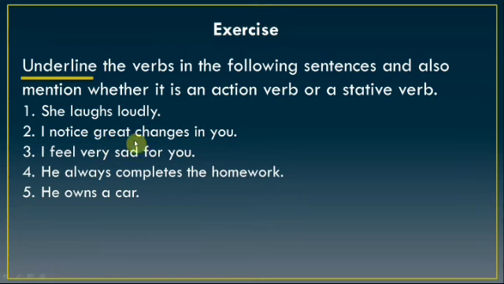I notice great changes in you. Third one, I feel very sad for you. He always completes the homework. He owns a car. You need to find out the verb here and also mention whether it is an action verb or a stative verb. All right, so that's it.